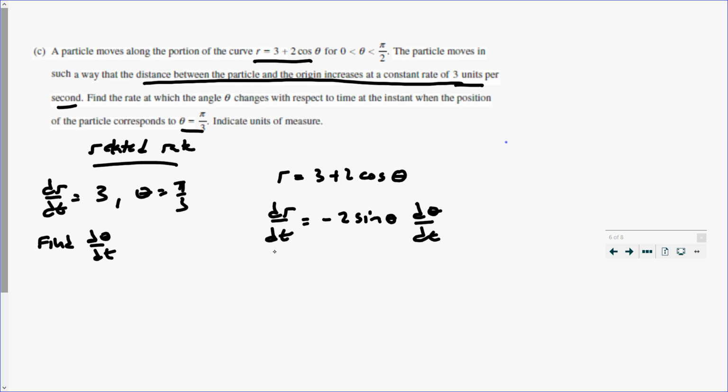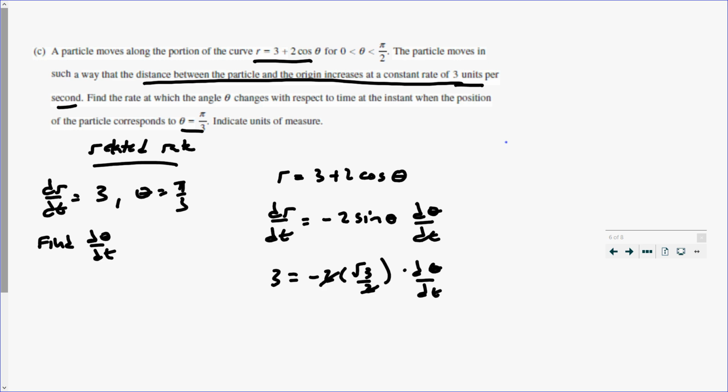dr dt is 3, equals negative 2 sine of pi over 3, who knows what that is? Whatever that is, sine of pi over 3 is, what's that, root 3 over 2, times d theta dt.